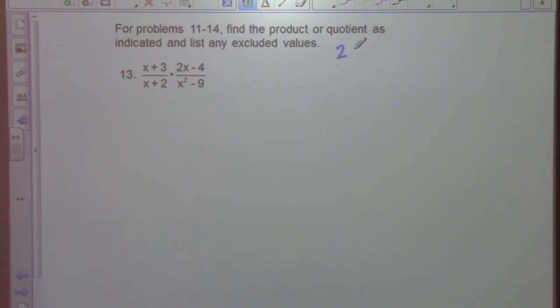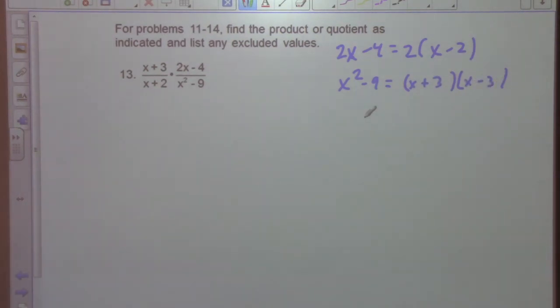That's what I would do. 2x minus 4. What's that going to be equal to? 2 parentheses x minus 2. Everybody good with that? And then we have x squared minus 9. What's that going to be? x plus 3, x minus 3.